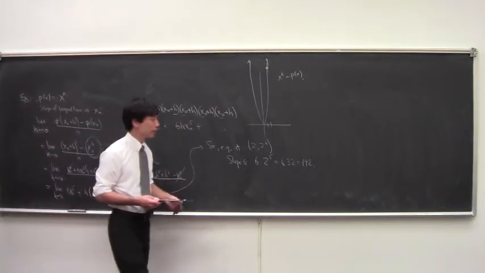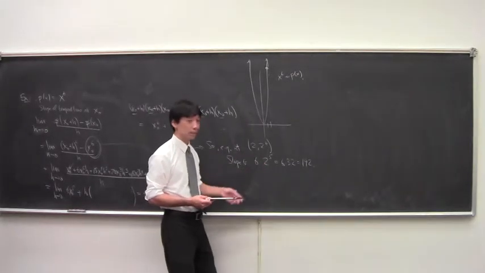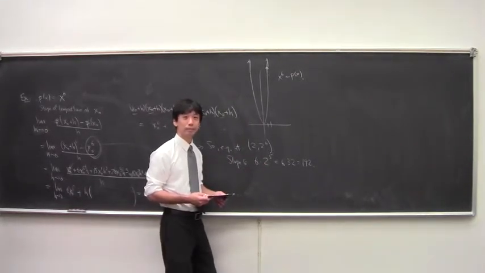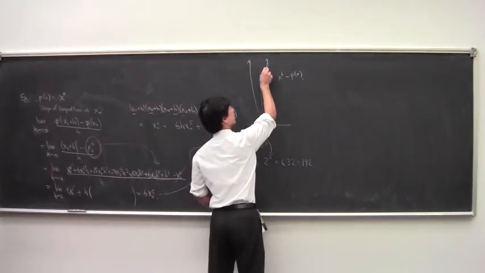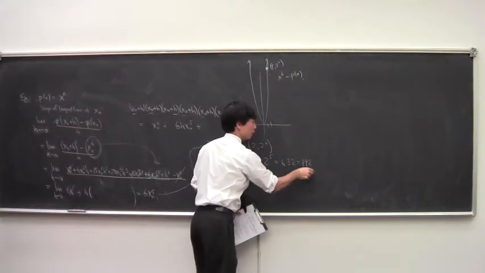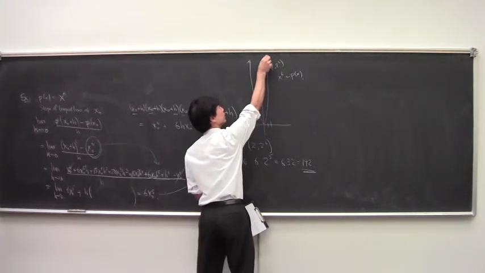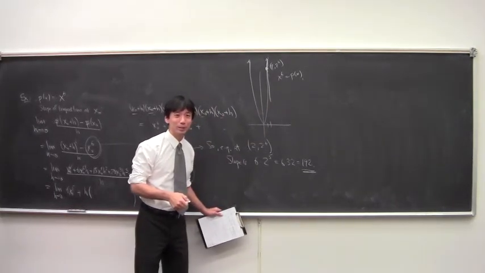So you know that the slope is 192 at that point. And if somebody asks you for the equation of the tangent line, you could tell them. What's the equation of the tangent line? Here's the point 2, 2 to the 6th, and I have the slope of the line that passes through this point.